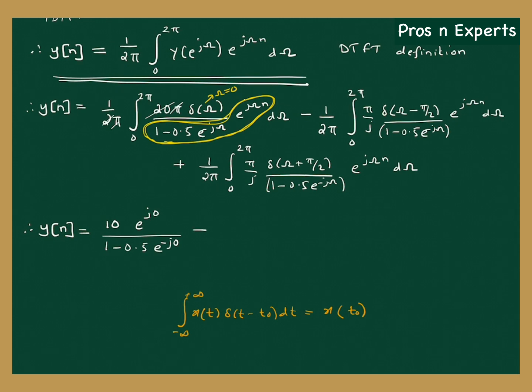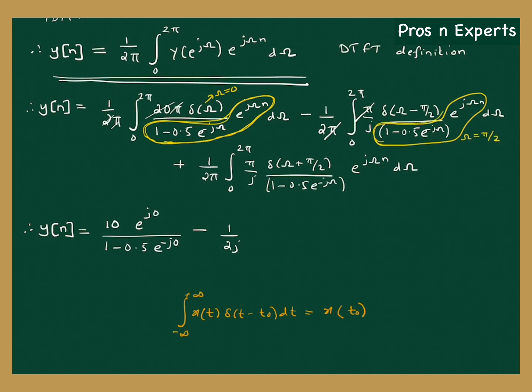Minus, in the second term we can cancel pi, so 1 by 2j into, in the second term we have del of omega minus pi by 2. In this function the impulse exists at omega equal to pi by 2. So the value of the integral becomes this function at omega equal to pi by 2, right?